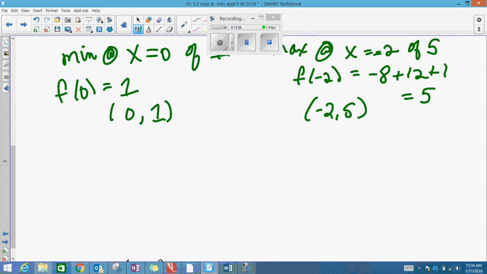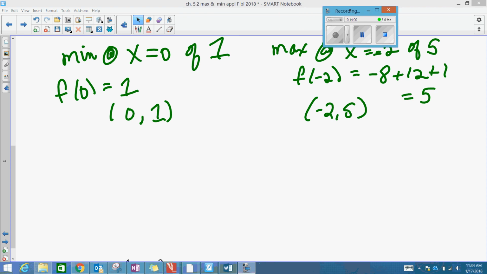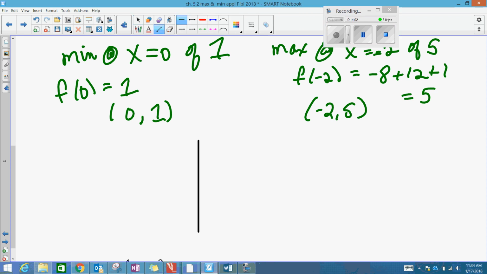So now to sketch the graph of this function, again, these are just very primitive sketches. We're going to plot these 2 points.